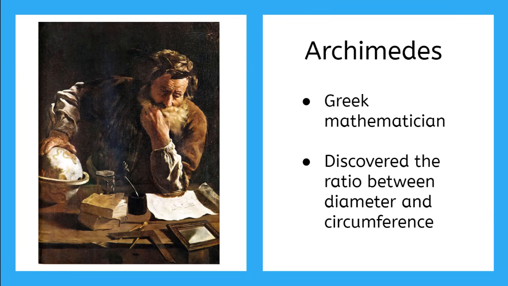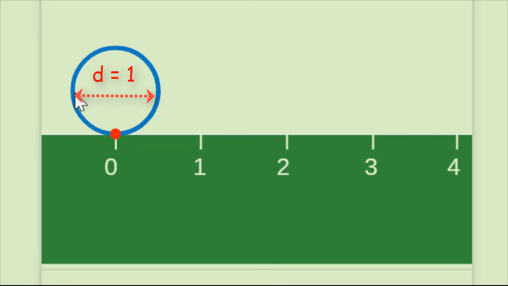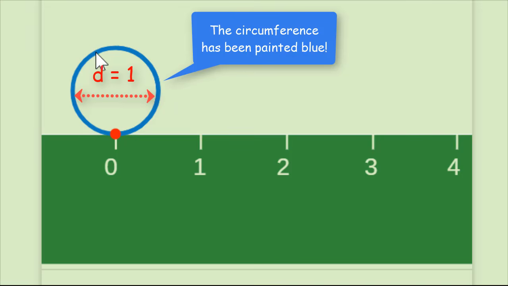Luckily for us, the ancient Greeks spent a lot of time thinking about circles and ratios. An ancient Greek named Archimedes especially loved to think about the ratio between the circumference and the diameter of different circles. Let's explore what he discovered. Here I have a circle with a diameter of 1, and it's been painted along the edge, or along the circumference, with blue paint.